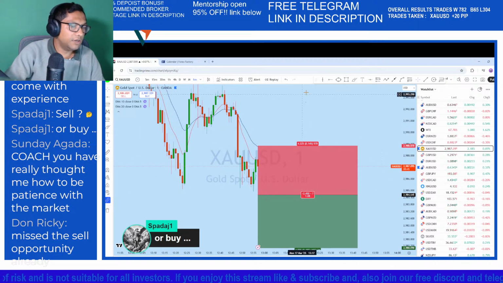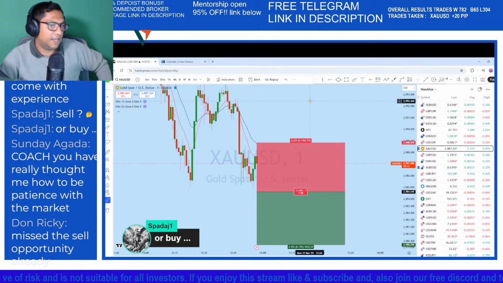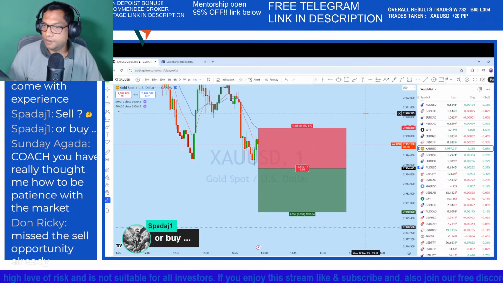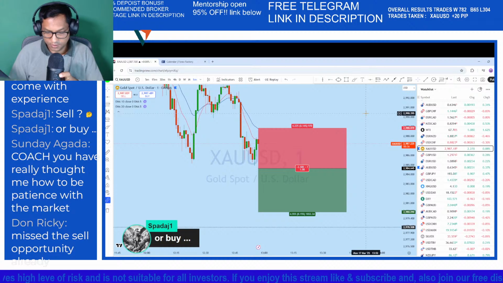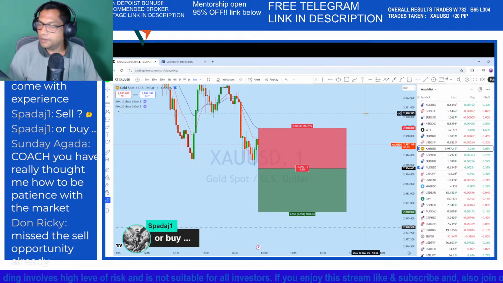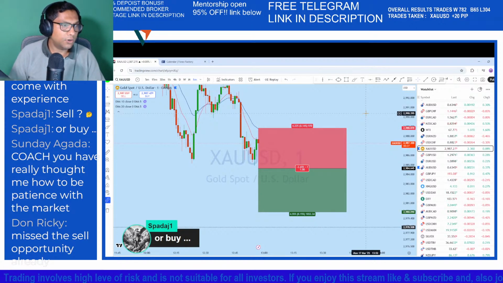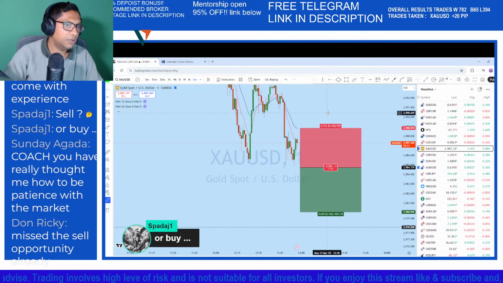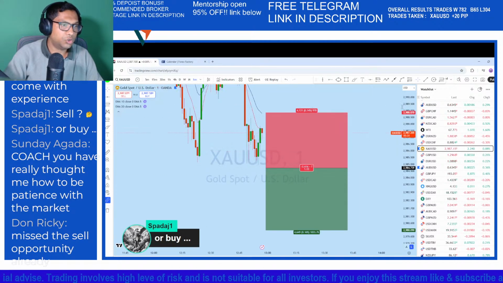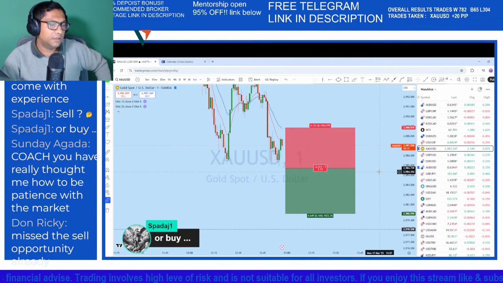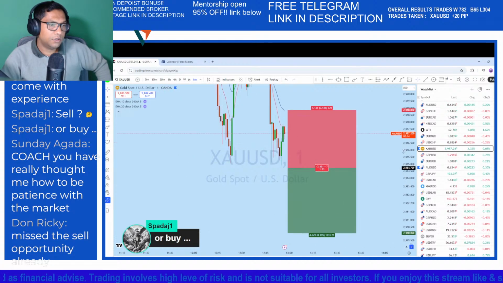Now if it is a liquidity grab, we might see the market potentially moving back up again. So looking at this situation, for the market to trend here to the support.